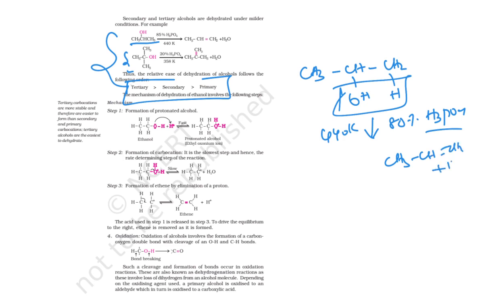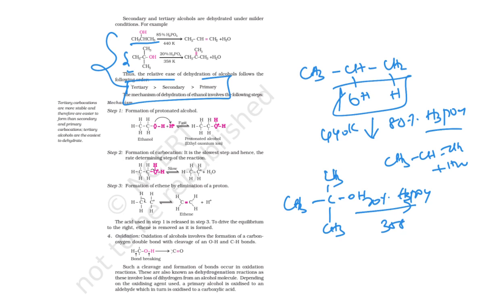What is your byproduct? Water. In the case of tertiary alcohol, we need not use that much acid. We need to use only 20% H3PO4 at 358 Kelvin. We are going to get the product isobutylene, or 2-methylpropene.